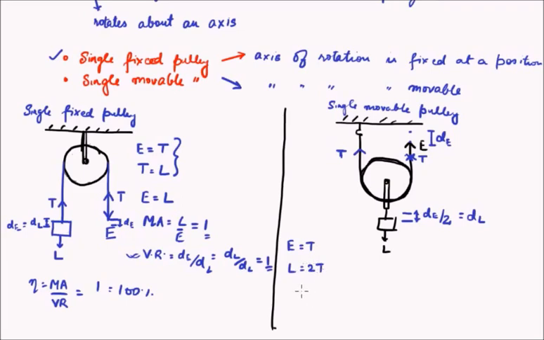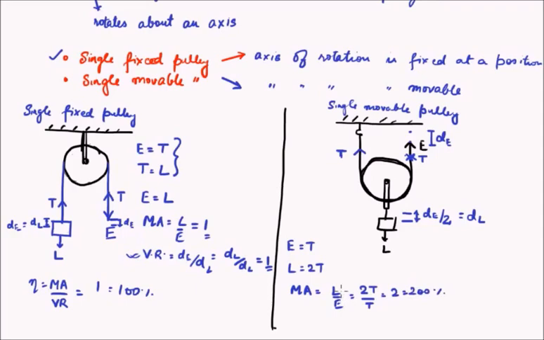Now we know that the mechanical advantage is load upon effort. We just calculated that the load is 2 times tension, and we know that the effort is tension, so this turns out to be 2 or 200%. So the mechanical advantage of a single movable pulley is 2.